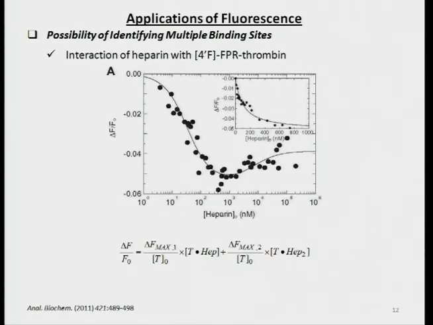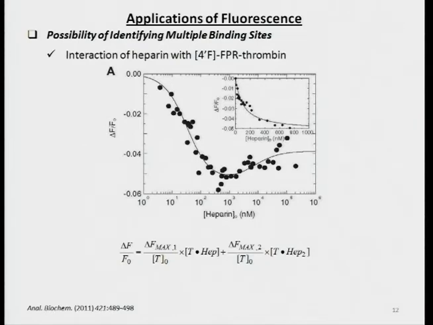And this increase at a higher concentration can really be fitted to a double quadratic function, not a single quadratic function, where you have a concentration of thrombin and then a second molecule of heparin binds, a concentration of thrombin-heparin ternary complex.